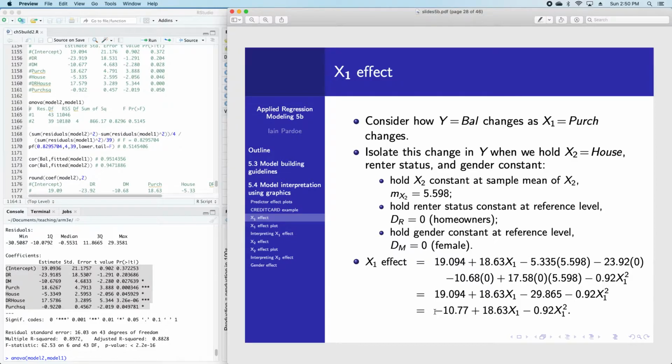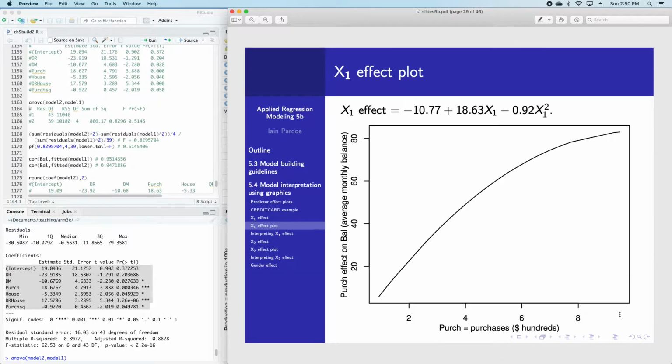Then I could draw a line graph with this function of x1 on the vertical axis and x1 on the horizontal axis. So that's what this graph is here. On the horizontal axis I've got x1. On the vertical axis I've got this function that we just calculated.